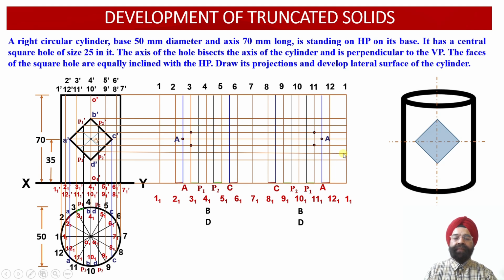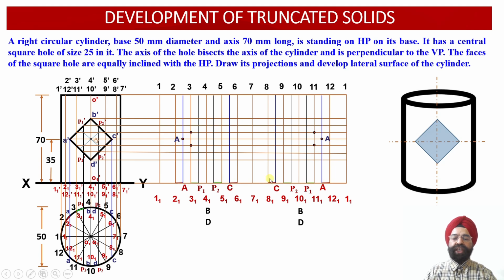Wherever these 2 horizontal projectors intersect the vertical generators through the points P1, whose location has been identified through the distances of these 2 points along the circumference on the rear side and on the front side, the P1 points have already been located.